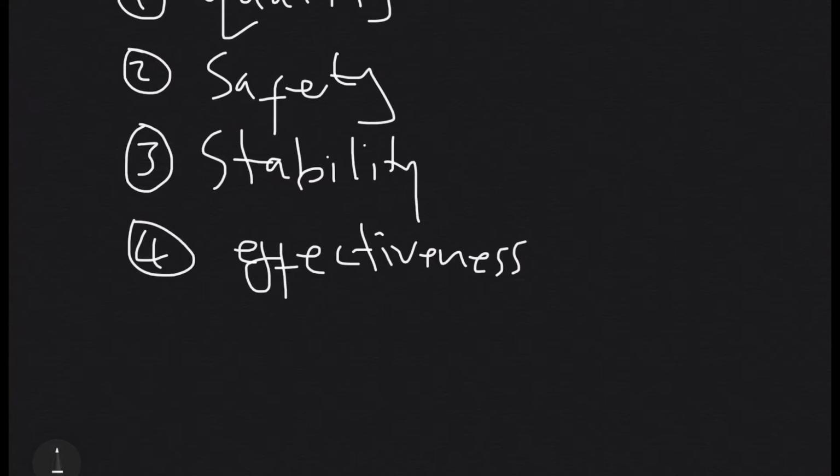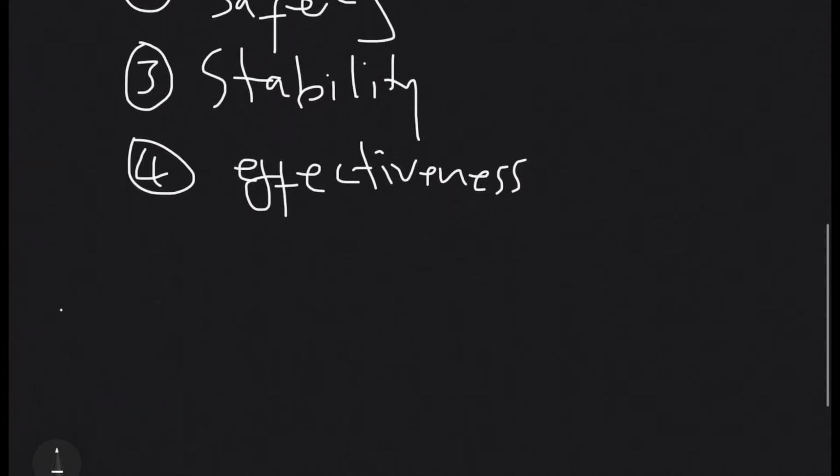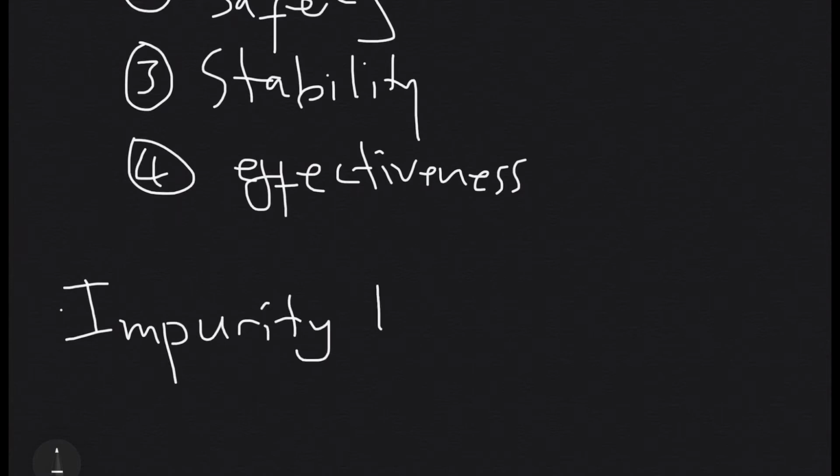So today our calculation will be focusing on understanding what impurity limit is. Impurity limit is simply the maximum allowable amount of impurities in a drug.